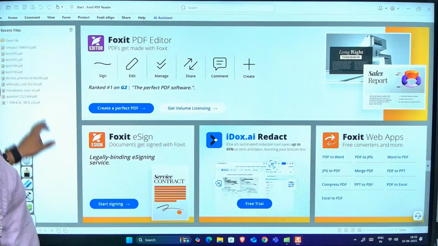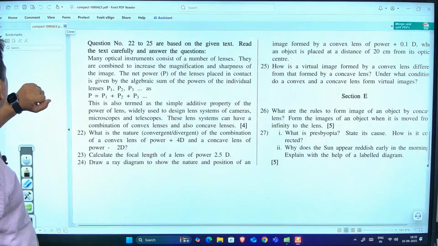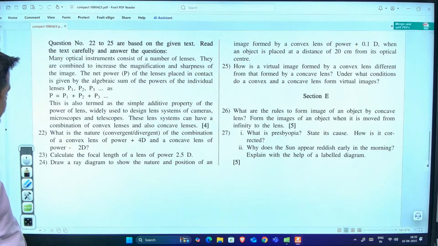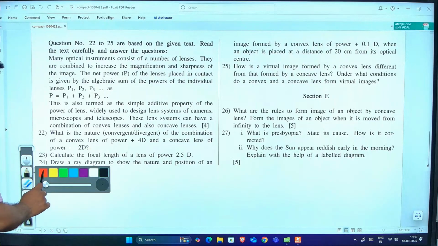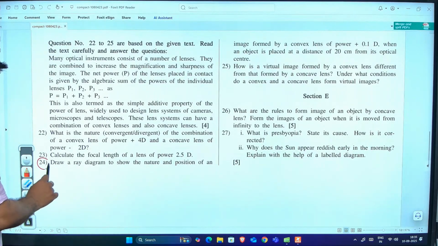I am talking about question number 24, okay? Is it visible to online people? Online people, is it visible to you? I hope it is visible to you. Please solve it. Half it is here and half it is there, okay? 24, please solve it.